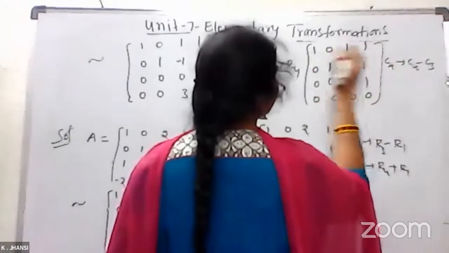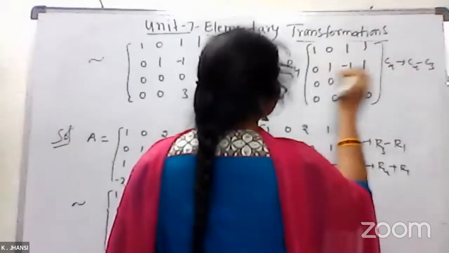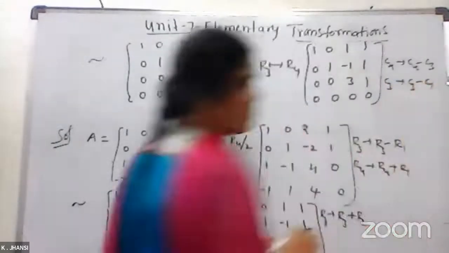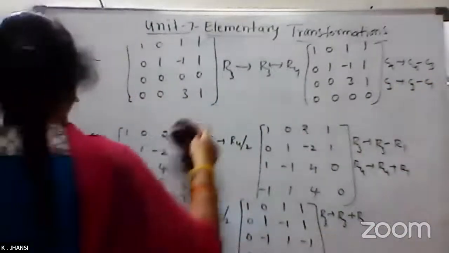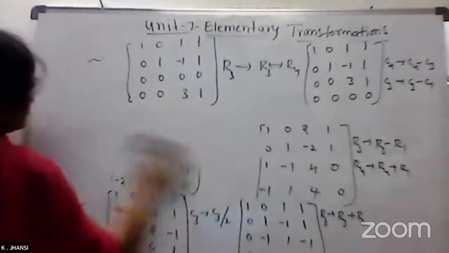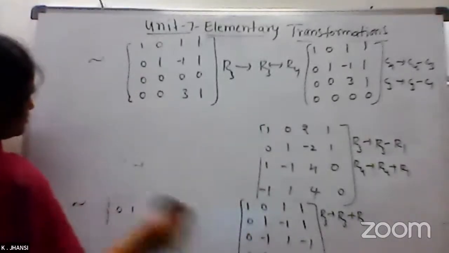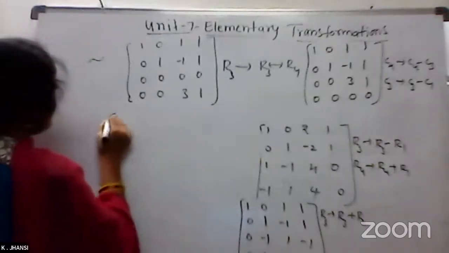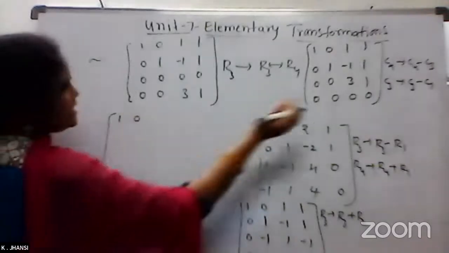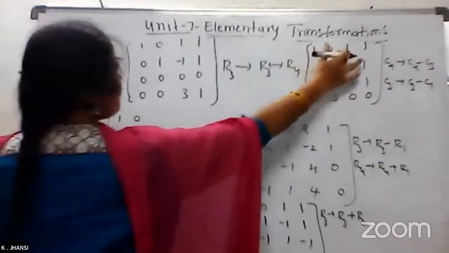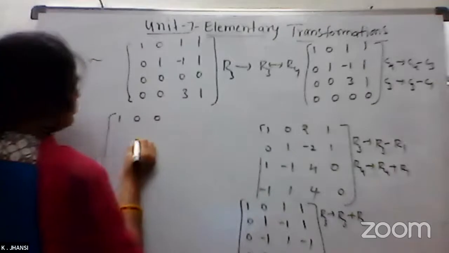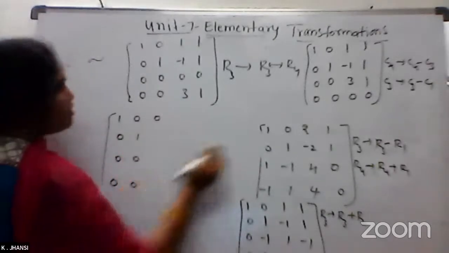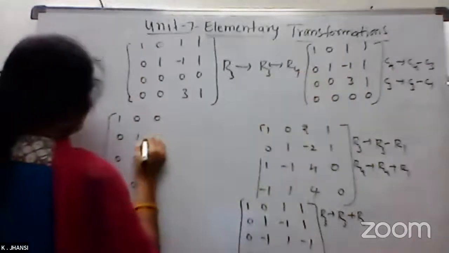Next, C3 as C3 minus C1. So it will be 1 0; C3 we are doing C3 minus C1. So 1 minus 1 is 0. This is 0, this is 0, this is 0. 1 0 0. Minus 1 0 means here minus 1 only.